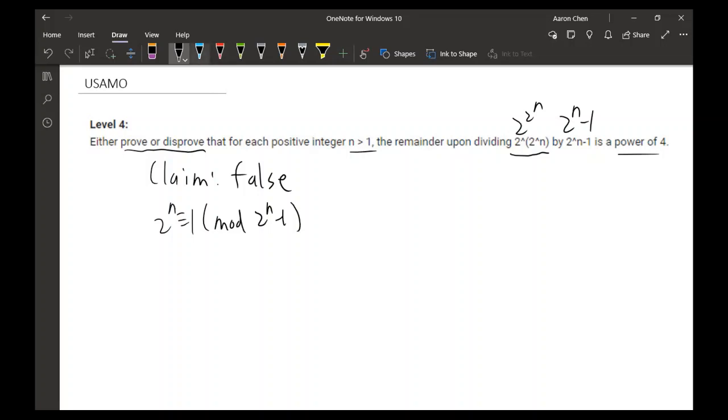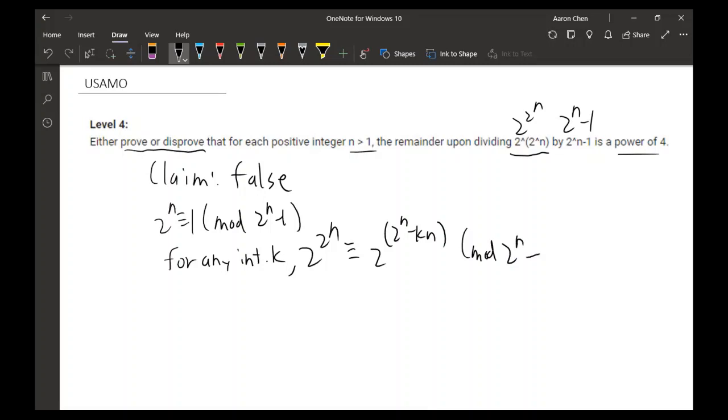In addition, we also have that for any integer k, 2 to the power of 2 to the power of n is congruent to 2 to the power of 2n minus kn mod 2 to the n minus 1. And so we let 2 to the power of n be congruent to m mod n.